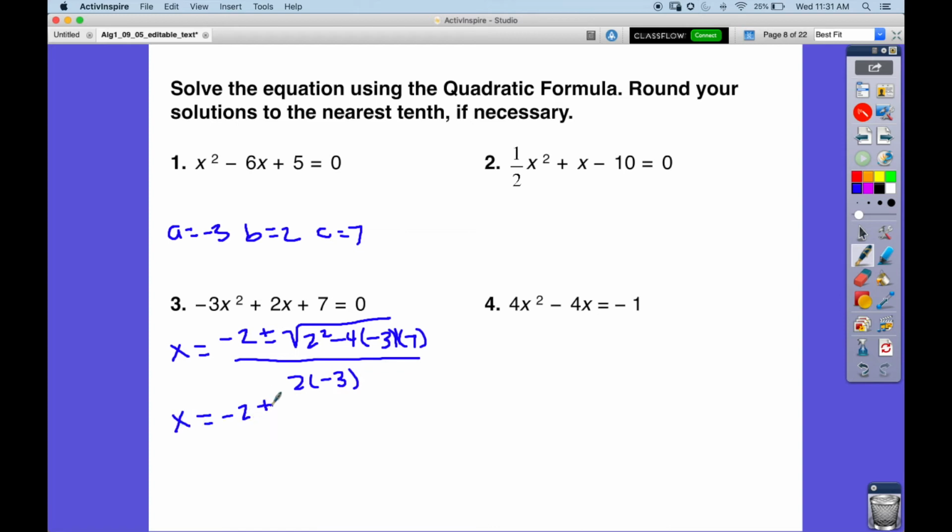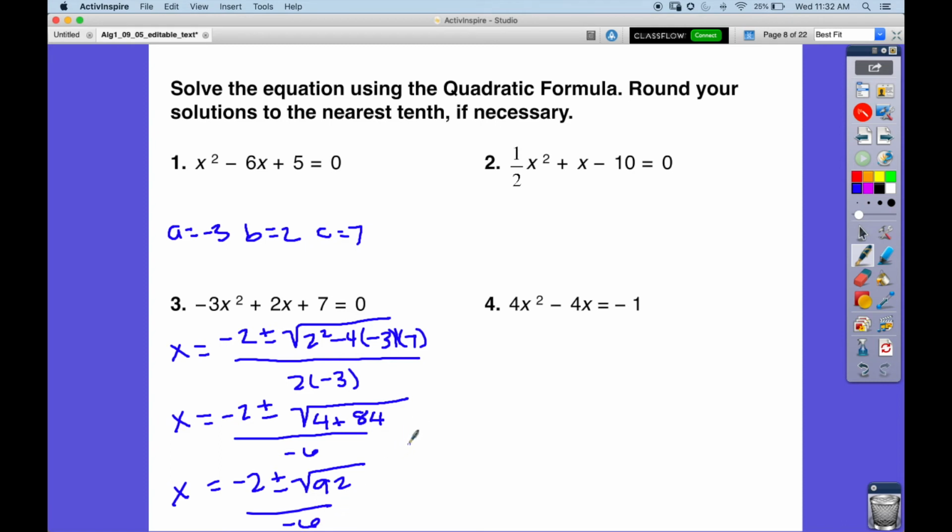So -2 plus or minus the square root of 4. So this is going to be -21. -21 times -4 is going to be positive 84. Yep. All over -6. So this is going to be X equals -2 plus or minus, again, the square root of 92 all over -6.